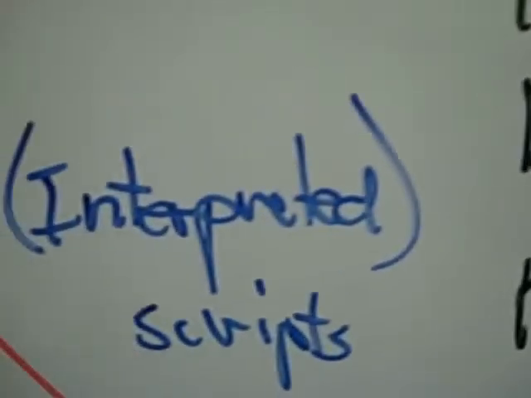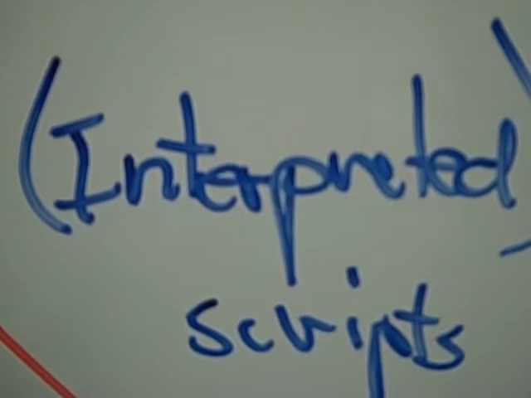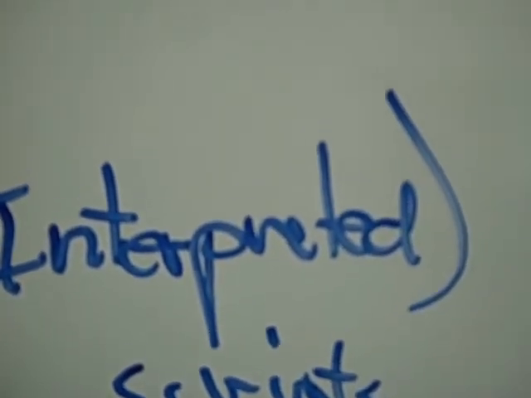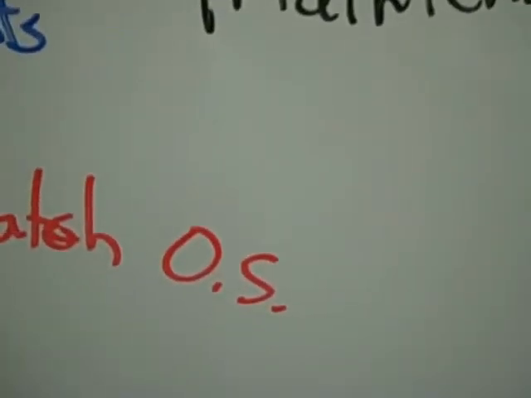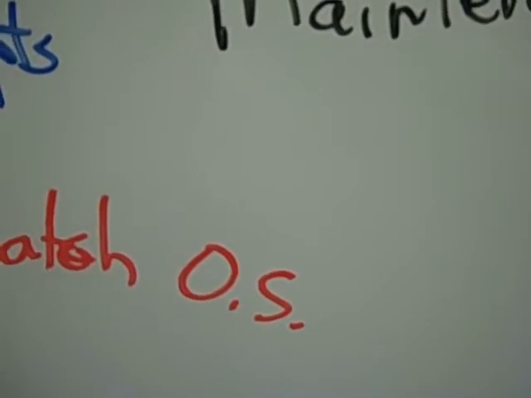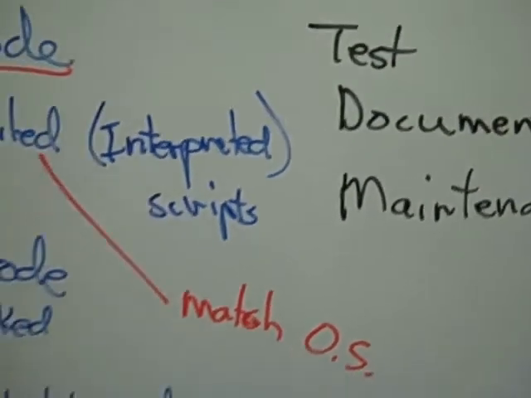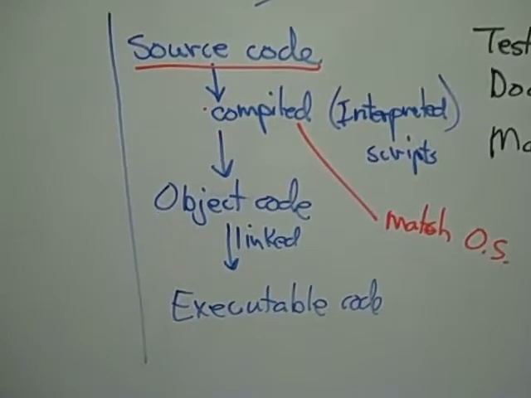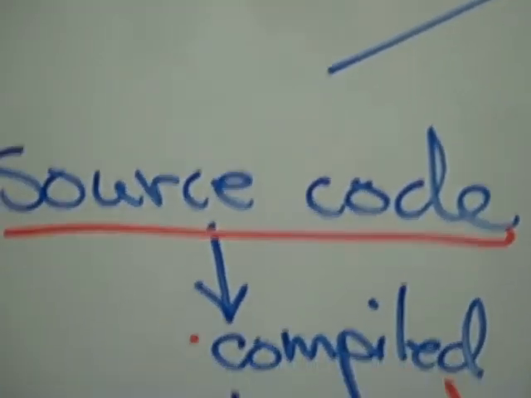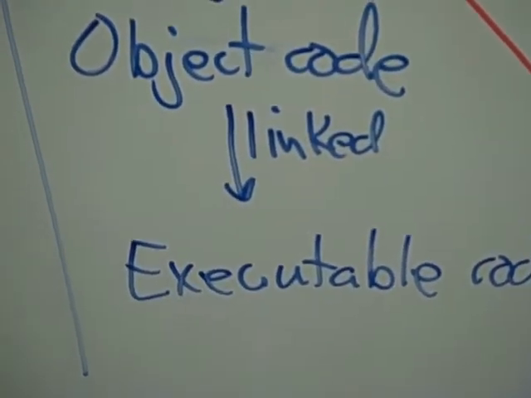And so we can write Perl scripts, we can write lots of different kinds of scripts, PHP, and so forth. But it's got to be interpreted. You got to have the right interpreter in order to make it run on a particular operating system. Okay? So this is why when you get software that's been compiled, executable, it executes on a particular operating system.